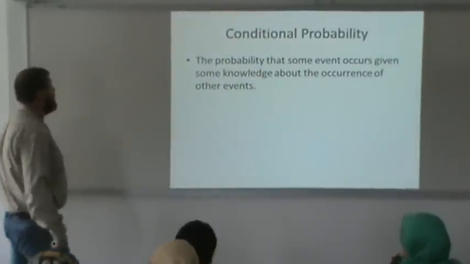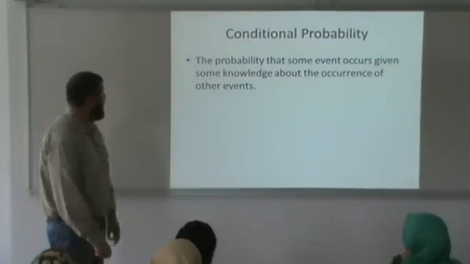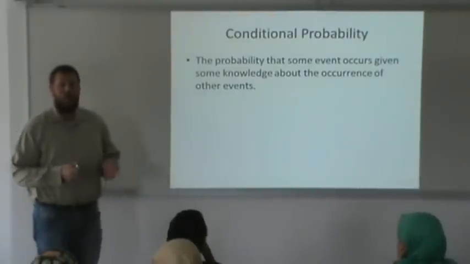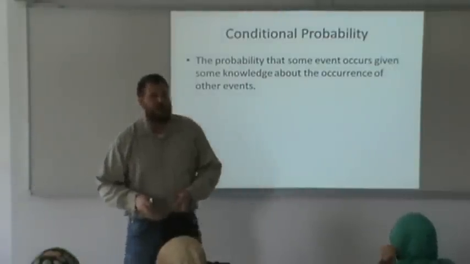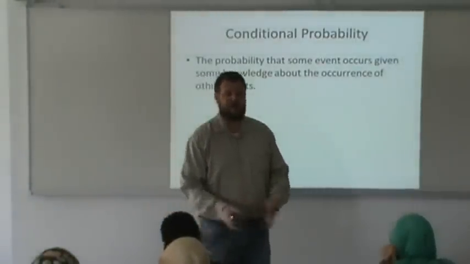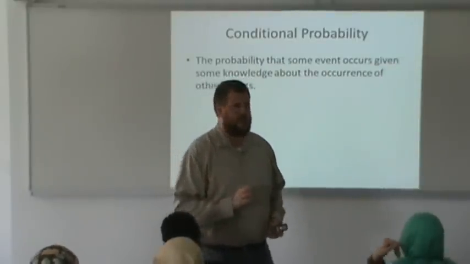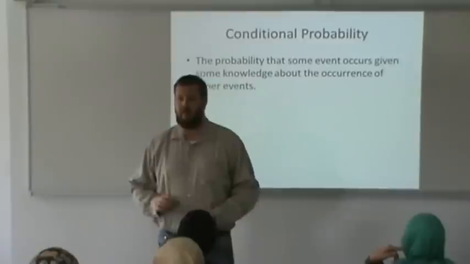Okay, so the probability that some event occurs given some knowledge about the occurrence of other events is known as a conditional probability. What's the probability that this will occur given the condition of something else? Let's do a simple one. What's the probability that a heads will occur given a heads occurred?